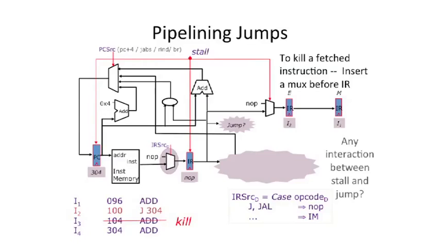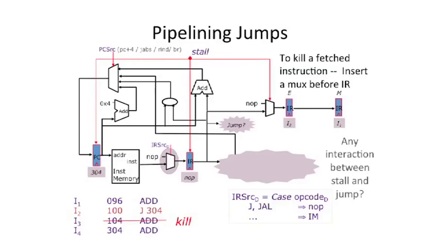It's not a whole lot. In a basic pipe, probably a jump would not stall in the decode stage. In more complex pipes, there are sometimes stall signals that say there's some big structural conflict later in the pipe. Just stall the whole rest of the pipe. So it is possible for things to stall.